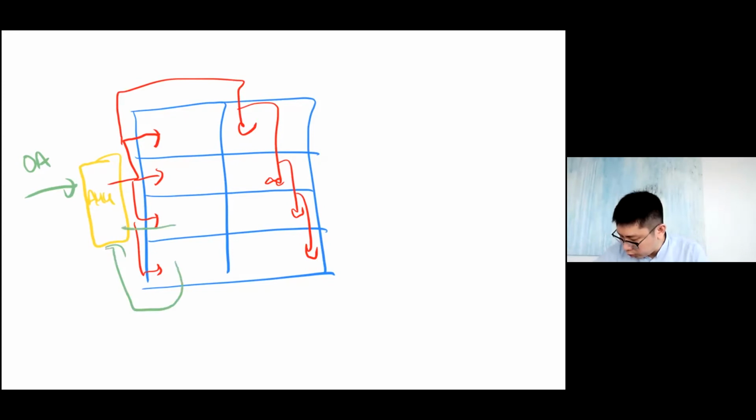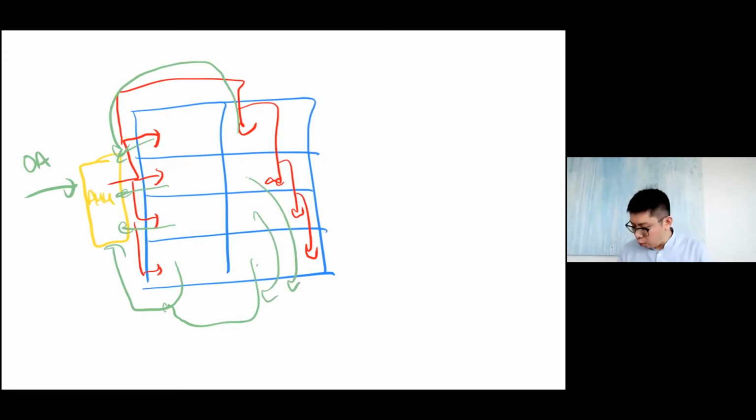Return air goes back to the AHU, so the OA supplied to the AHU gets mixed with the return air and is put into the supply air and supplied to each of the zones.